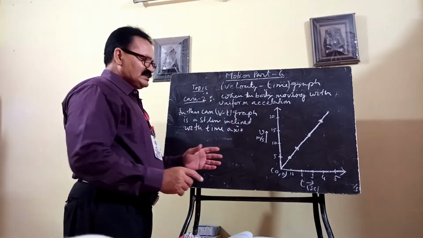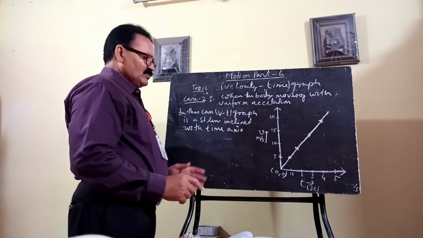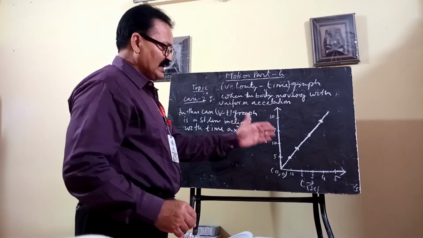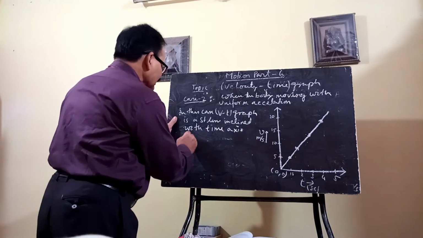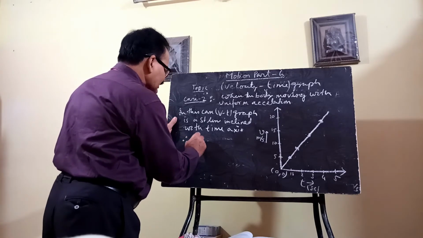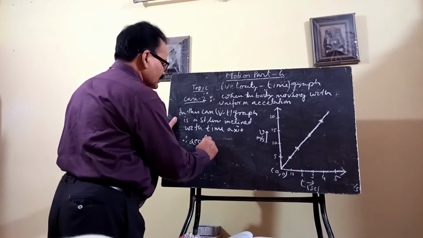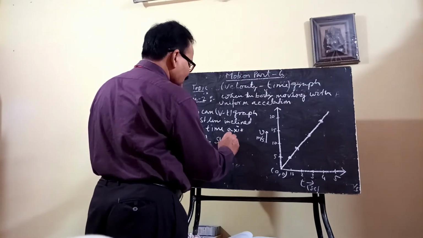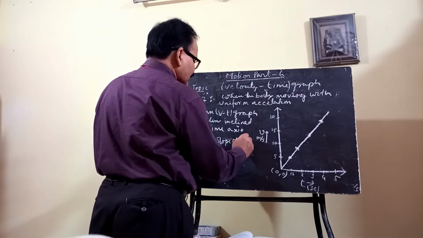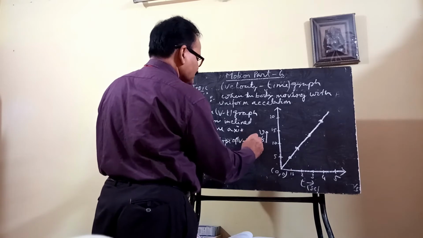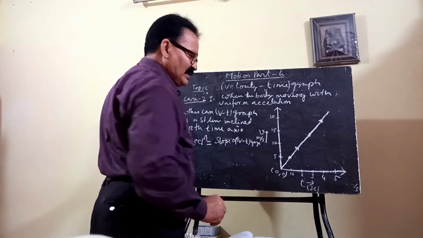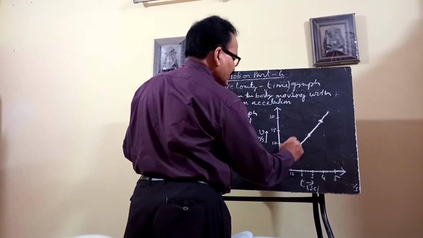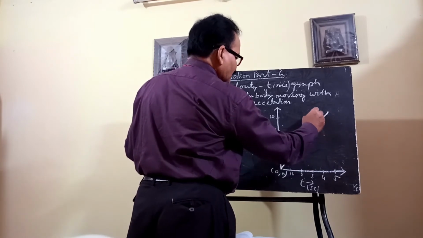Now from this graph, if you want to find the acceleration, what will happen? Acceleration can be calculated by the slope of the velocity time graph. So for finding the slope, you consider 2 points. Say this is your A point, this is your B point.